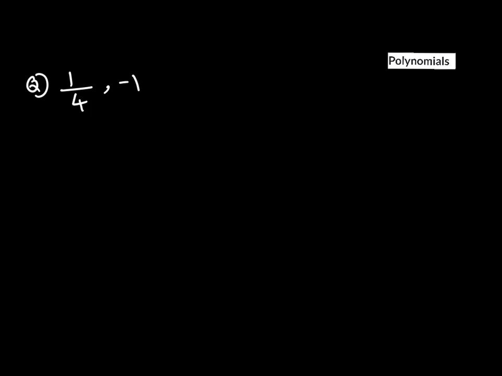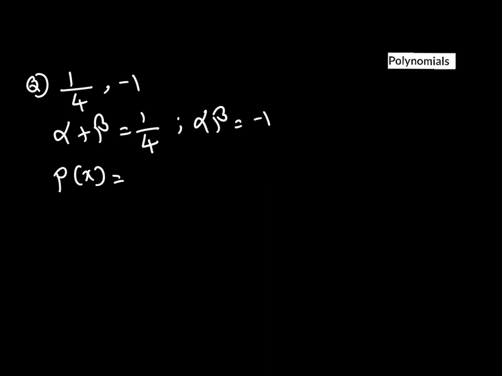Let's try this. Find a quadratic polynomial, each with the given numbers as the sum and product of its zeros respectively. So we know that the sum of the zeros of this polynomial is 1 over 4 and the product of the zeros is negative 1. And we know the general form of a polynomial when we know the sum and the product of the zeros.